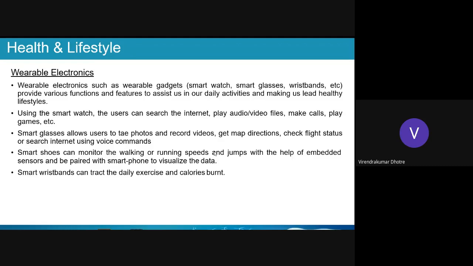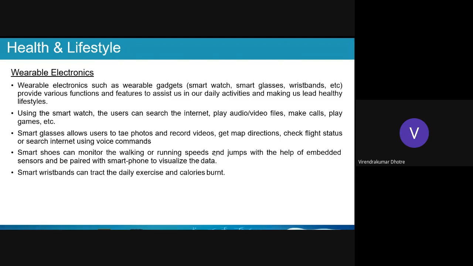If I have a wearable wristwatch and I am walking 2-3 kilometers, it will tell me how much I have walked, how many steps I have taken, how the heart rate was, how I have performed, whether the sleep was deep sleep, and how many hours it was. All this can be done by using these wearable gadgets.